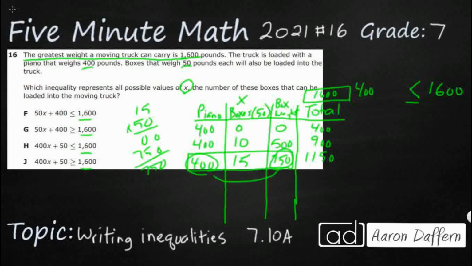So that's going to be 50x, or x times 50. So as I'm looking, it looks like the answer kind of flipped these two. So you put your 50x plus 400 using the commutative property of addition less than or equal to 1,600. So that is F.